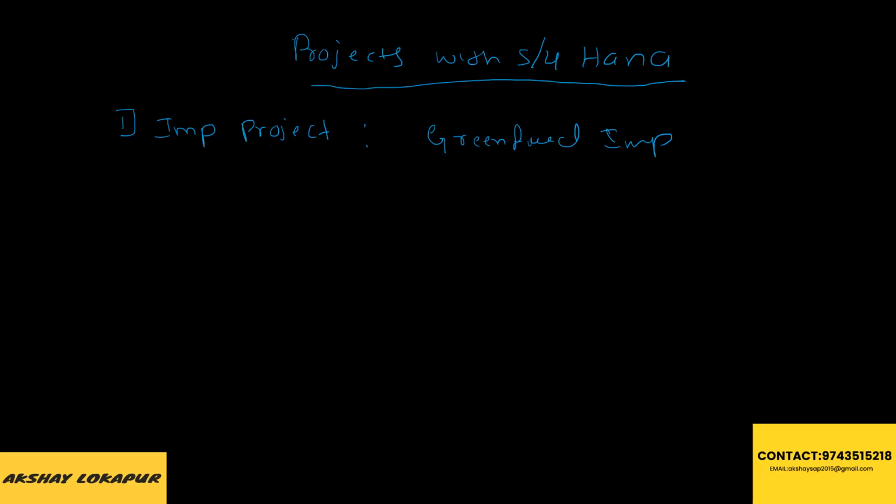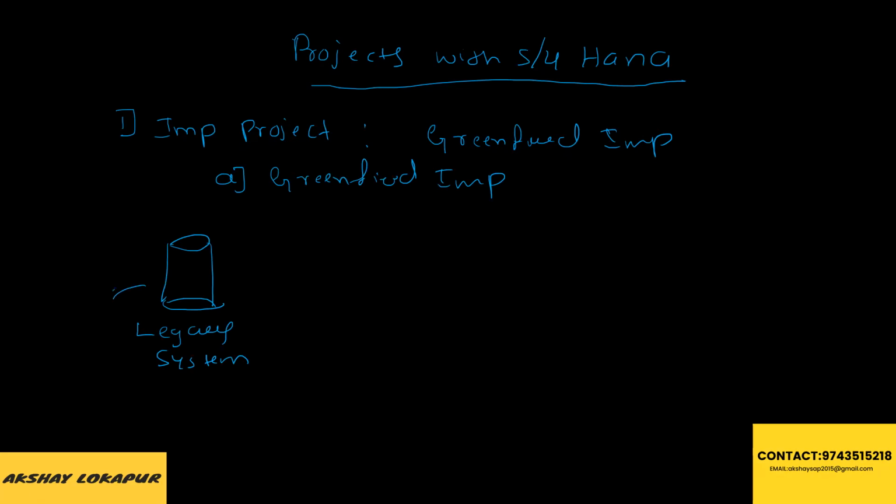In the implementation project, we'll have a greenfield implementation. What does greenfield implementation mean? For example, say you have your legacy system, which is used by another system like Oracle, JD Edwards, or SAP, any other system.